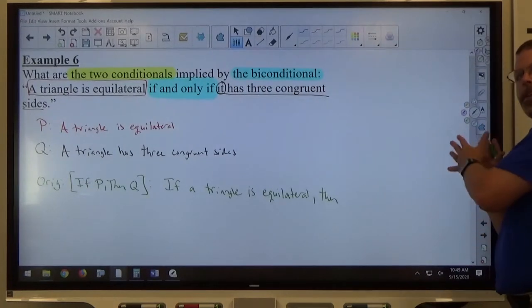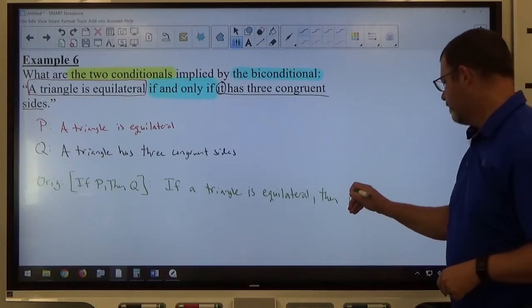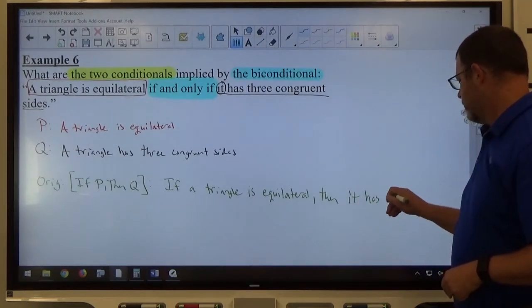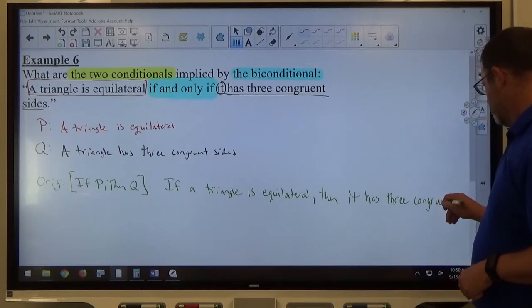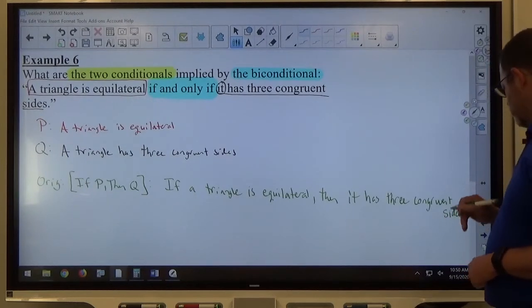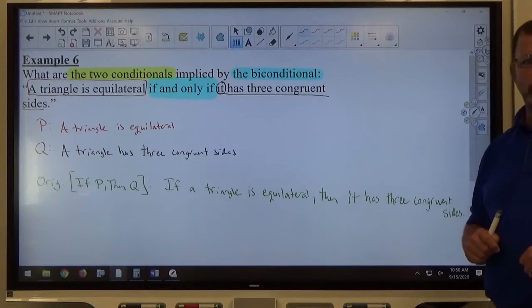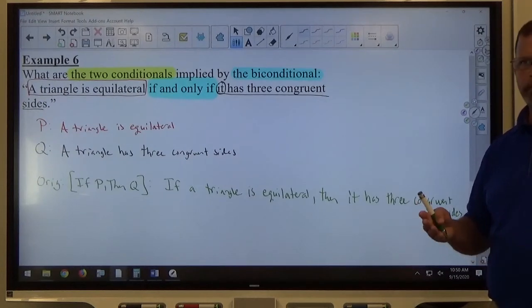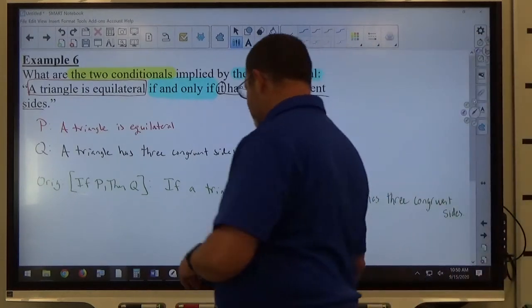I always use the pronoun in the second part of the sentence. So then it has 3 congruent sides. All right. We all know the word congruent means equal measure, right? So equilateral triangle, all sides have the same measure. That's what that is.